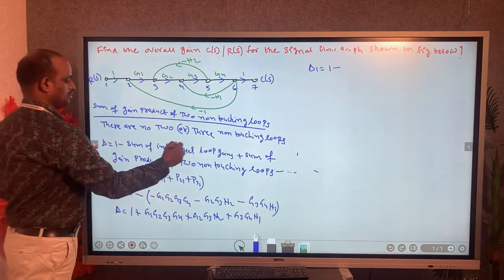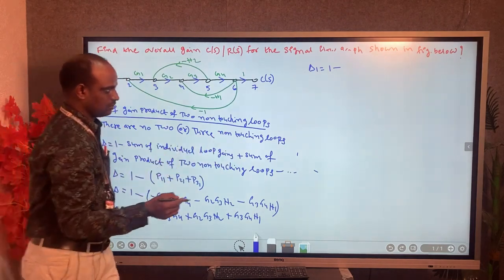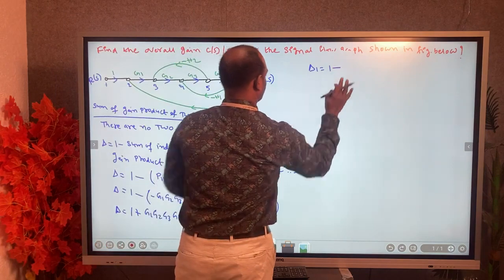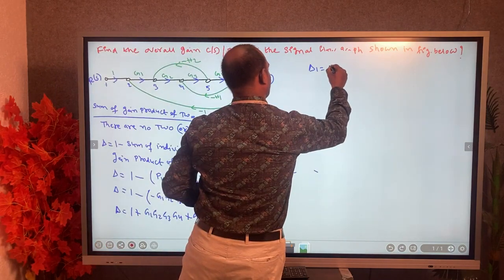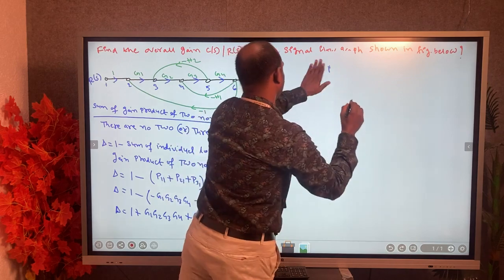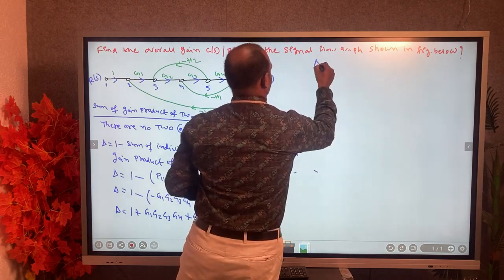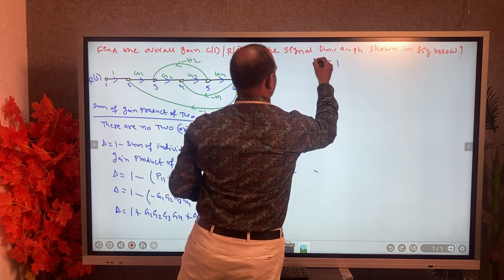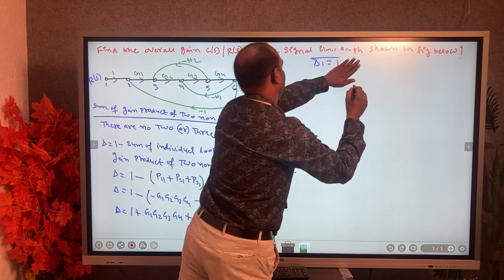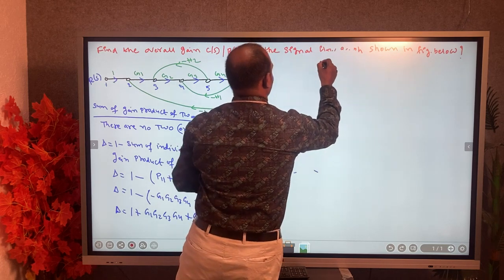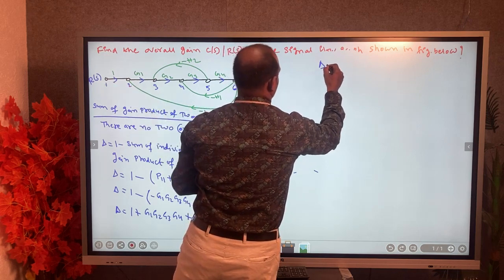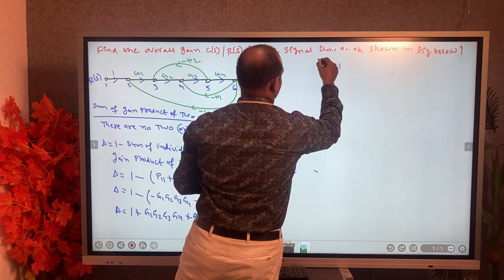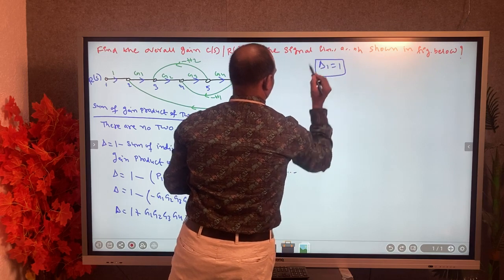So 1 minus 0 plus 0, which is 1 only. Delta 1 equals 1, because there is no graph not touching the first forward path. Generally, if the first forward path goes straight from the first node to the last node, delta 1 will be 1.